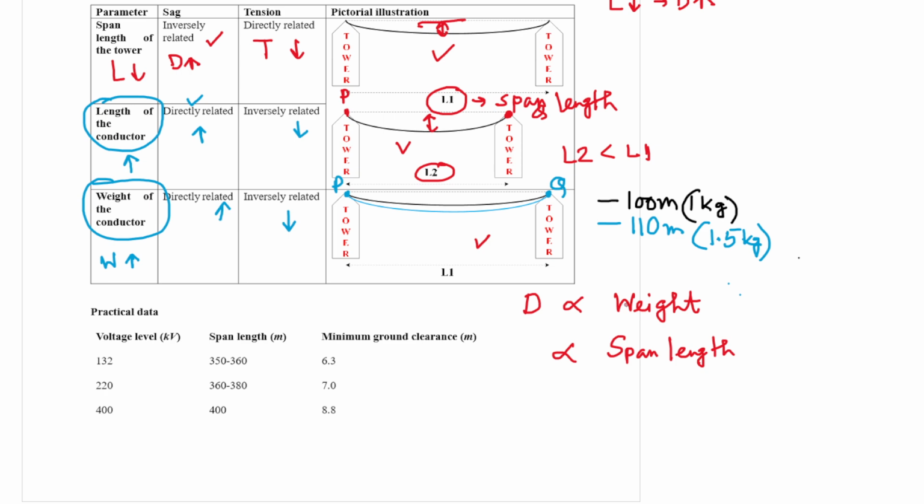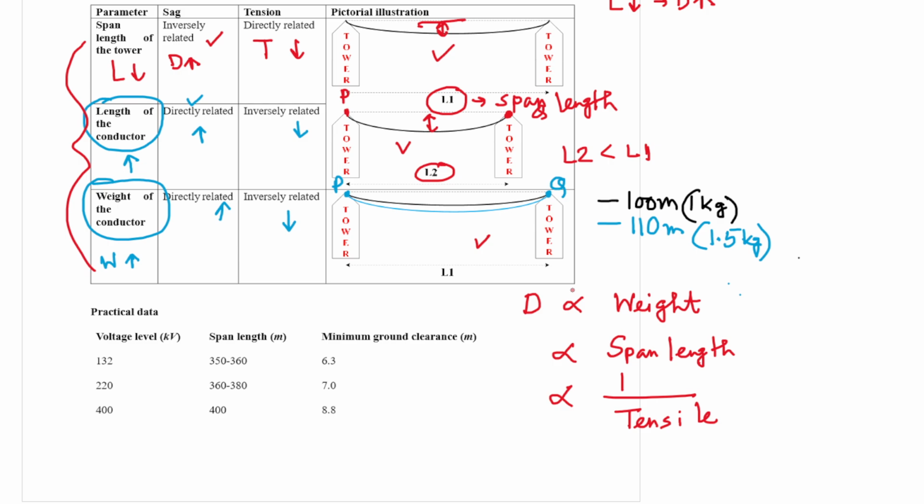Similarly, if span length goes high, sag will be more, so again we can understand it is a direct relation. Now for all these three cases, if sag is more, then tension will be less. So sag and tension are inversely related; sag is inversely proportional to tensile strength.